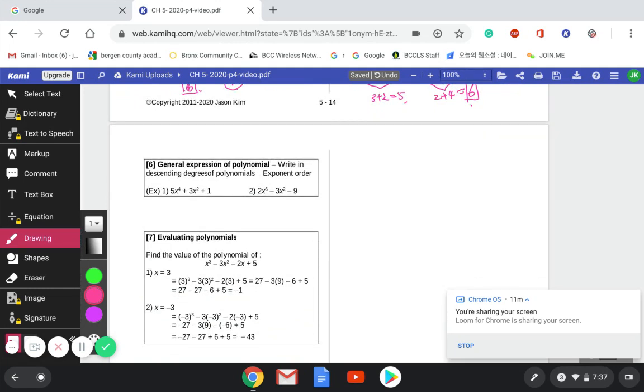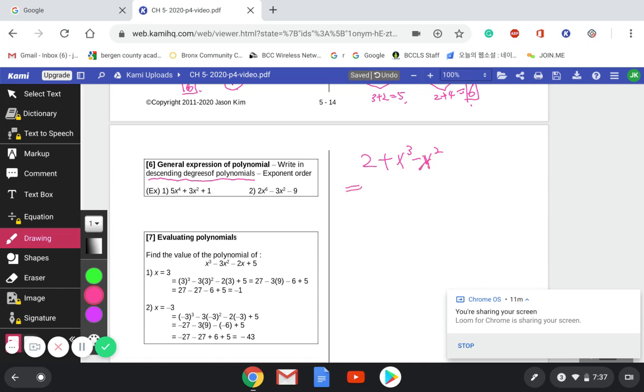When you write a polynomial, the general consensus is you always write in descending degree of the variable. So when you have 2 plus x^3 minus x^2, you don't leave it like that.